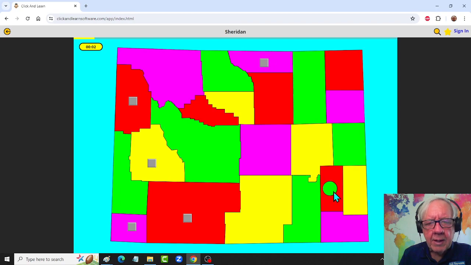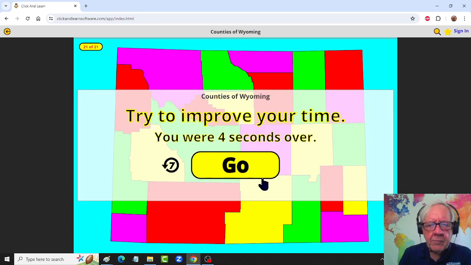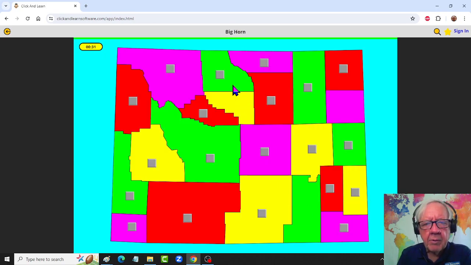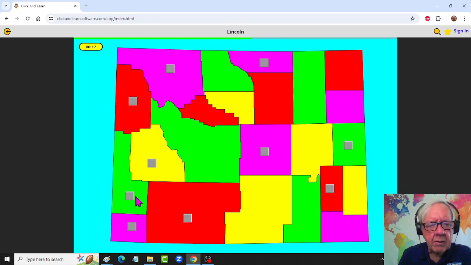Park, Platte, Sheridan, Sublette, Sweetwater, Teton, Uinta. 4 seconds over. Albany, Bighorn, Campbell, Carbon, Converse, Crook, Fremont, Goshen, Hot Springs, Johnson, Laramie, Lincoln, Natrona, Niobrara, Park, Platte, Sheridan, Sublette, Sweetwater, Teton, Uinta.